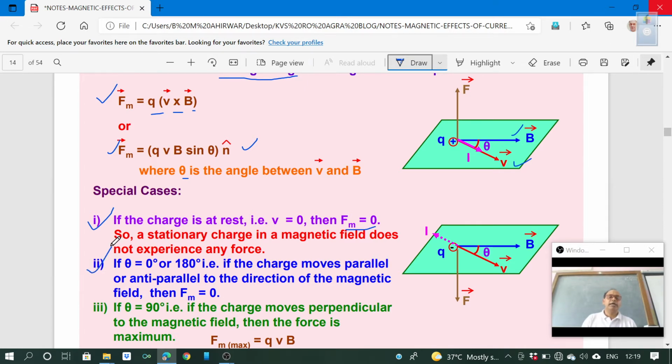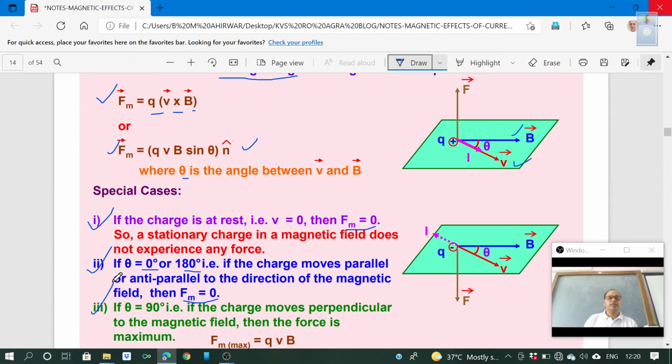If the angle between velocity and the magnetic field is 0, that is parallel or anti-parallel, the charge moves parallel or anti-parallel to the direction of magnetic field, then sin 0 equal to 0. So the force experienced by the charge particle when it is moving parallel or anti-parallel is 0.